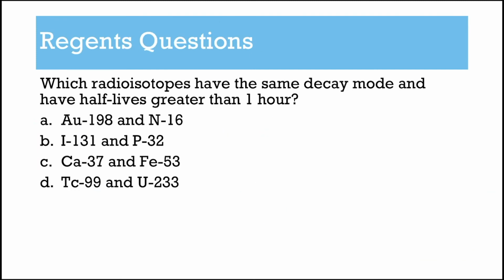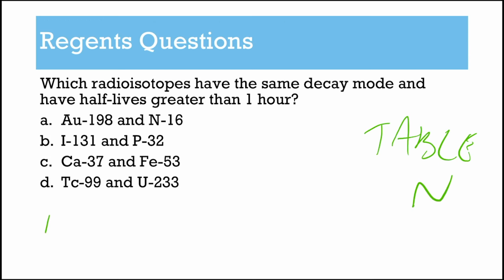Lastly, there are 2 Regents questions, and I'll go through them pretty quickly. Number 1, you have to look at table N. So I did have this on the website a little bit clearer. It asks you which has the same decay mode and half-lives greater than an hour.